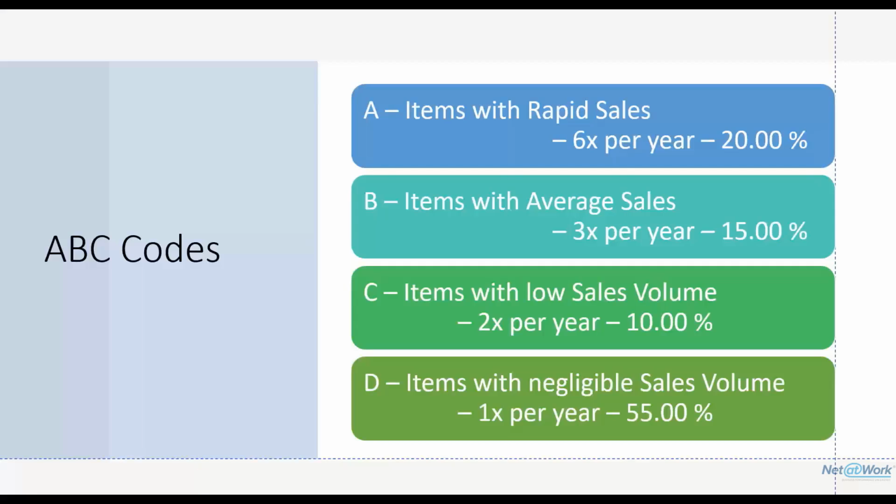Then B would be your next 20 or 30% by value, and count those 3 times per year, and so on and so forth, on down to the items that do not have much value at all. So you just count those once per year. The ABC codes can be self-described. Whatever works for you is the way to go.